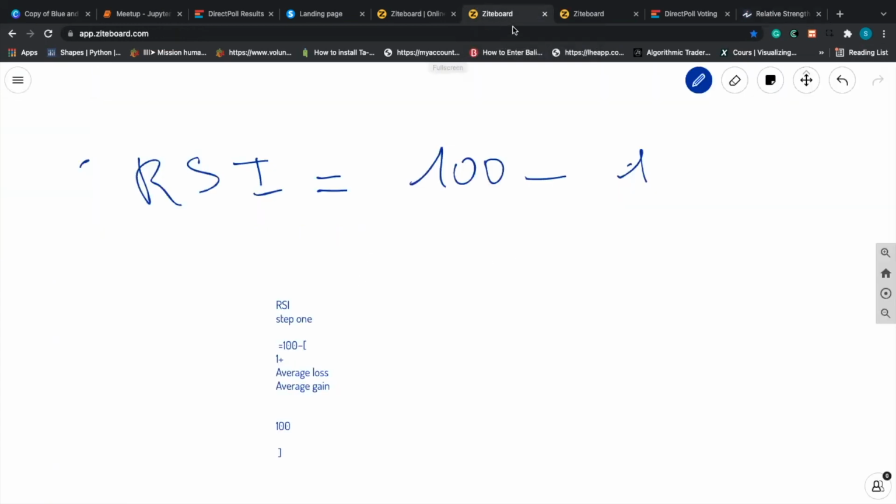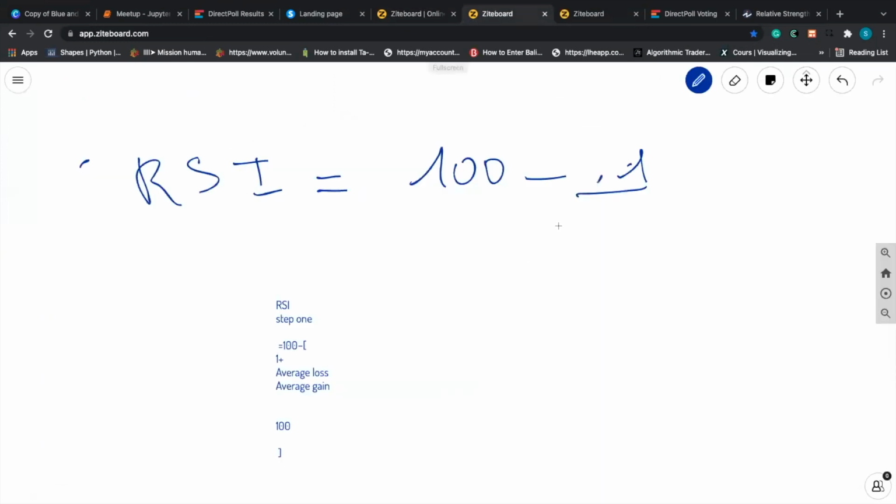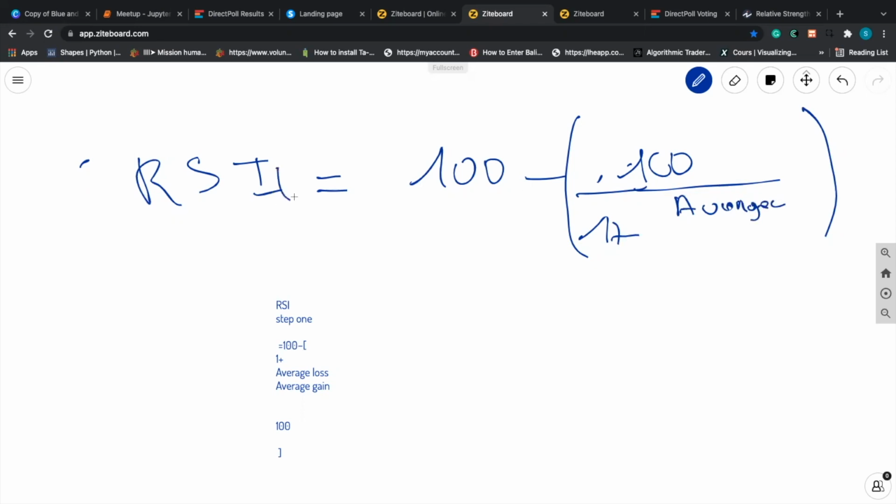So, 100 divided by 1 plus the average gain on a period. Let's say we're taking an RSI, and here you have to specify the number of periods.